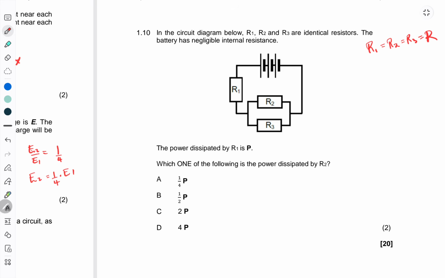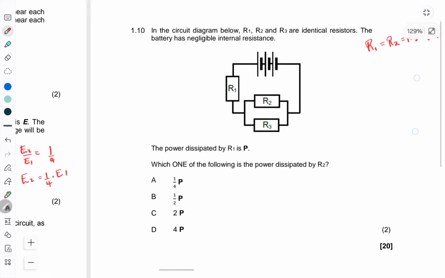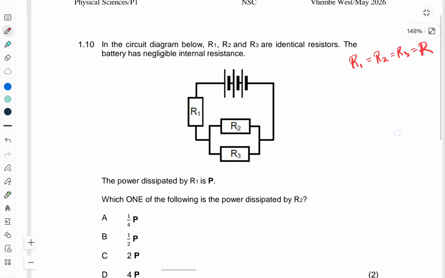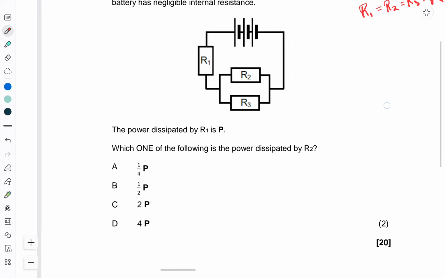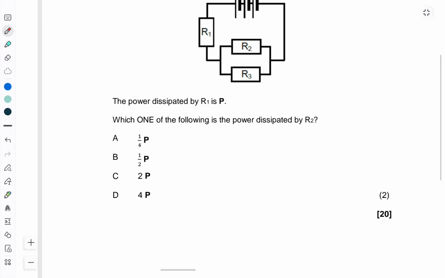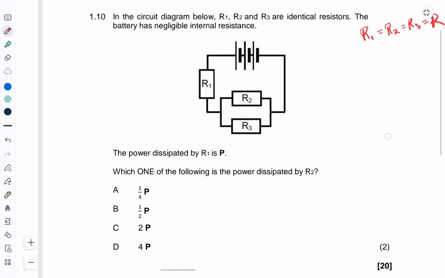Okay, if you remember. "The power dissipated by R1 is P. Which of the following is the power dissipated by R2?" Alright. So how do we go about this one?